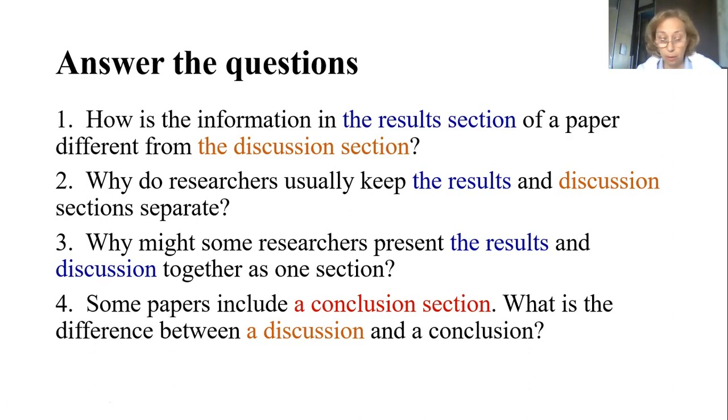Do you see? Okay, the second question, please, Aidana. Why do researchers usually keep the results and discussion sections separate? Because discussion, as we have already said, is the part where we discuss the main highlights of the results. But results are proof, a fact that we have, for example, according to our experiments.